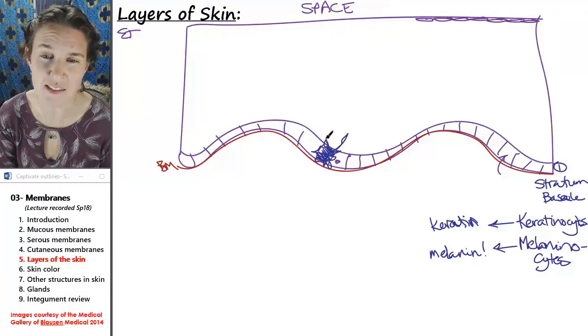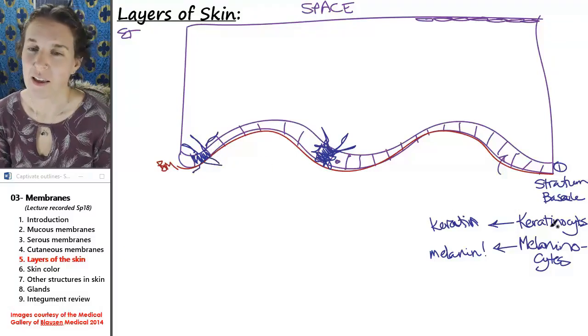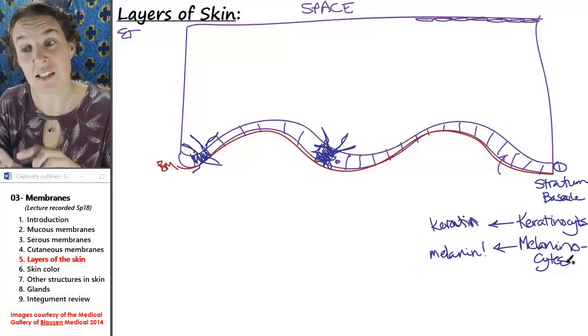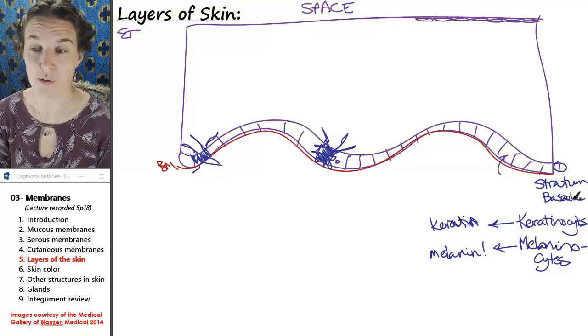They've got these little extensions. I just had a whole lesson on skin color that I'm going to share with you in the next section. Melanocytes are my new favorite cell ever. Some of the cells in stratum basale are melanocytes, and they're going to contribute to the pigmentation of our skin. We'll talk about that in the next section.